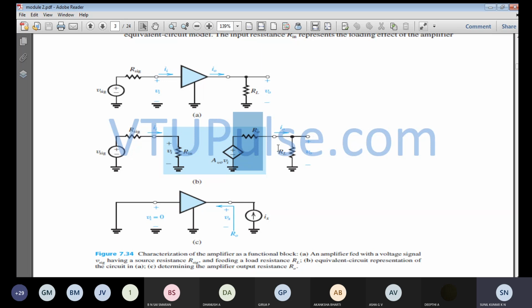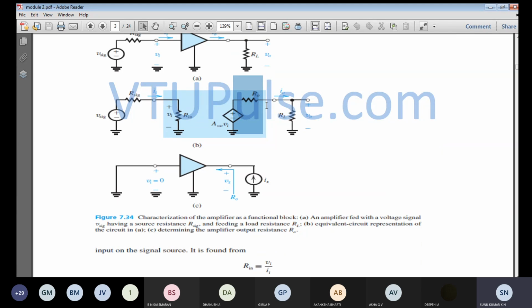Otherwise significant voltage divider loss will happen. So in order to avoid that voltage divider loss, we have to consider that the amplifier output resistance should be a very small value, in terms of ohms, not in terms of kilo ohms. In that case, all the output voltage will be appearing across the load resistance.